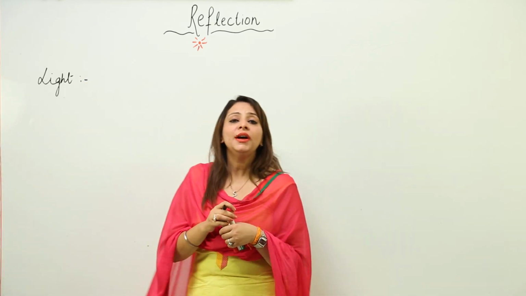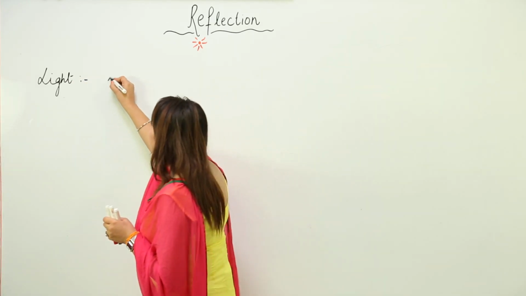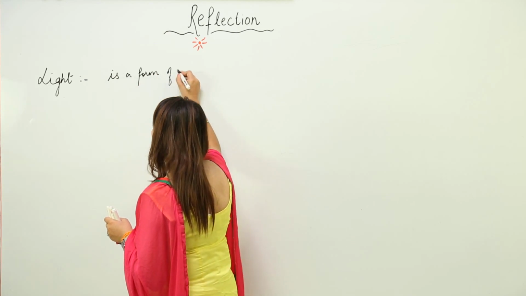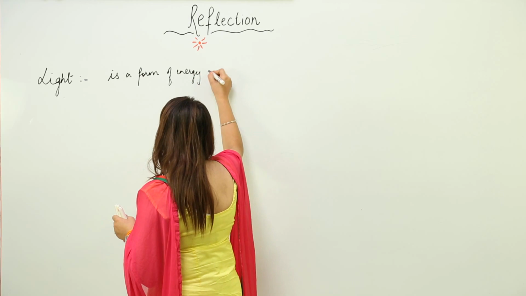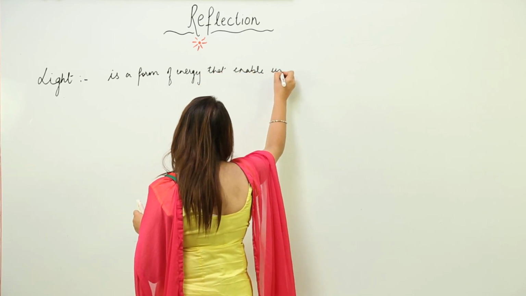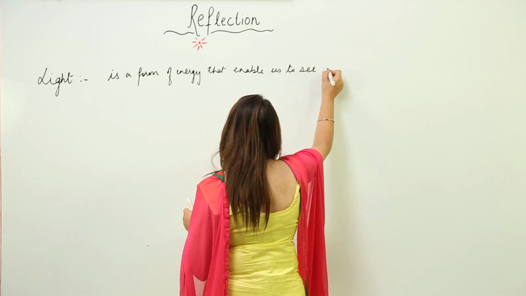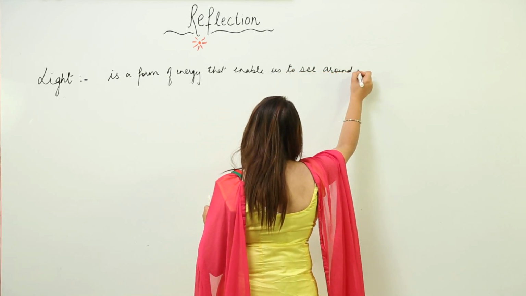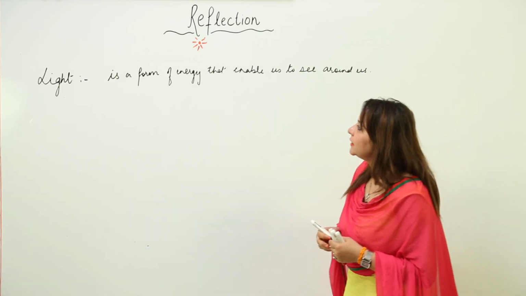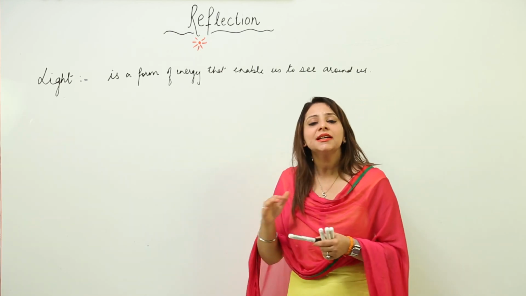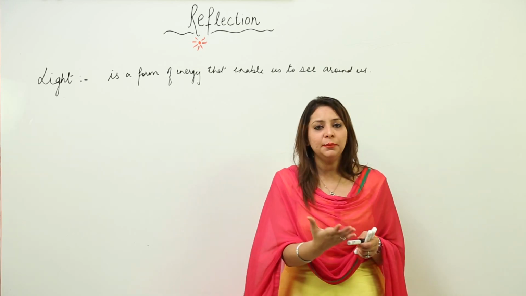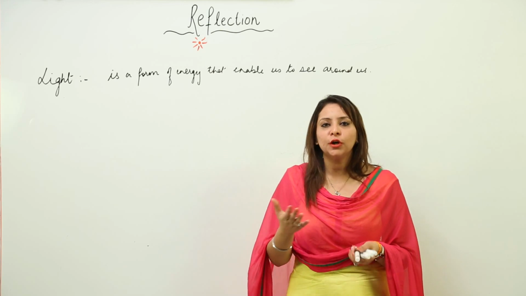Till now, you have learnt that light is a form of energy that enables us to see around us, right? That means you can see a table, a bed, a chair just because of light.